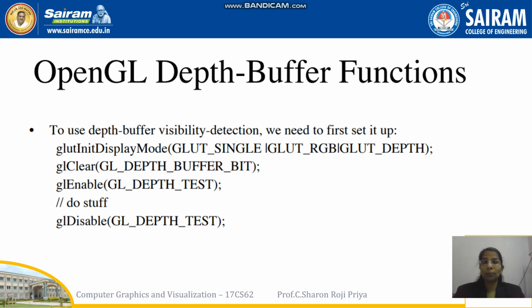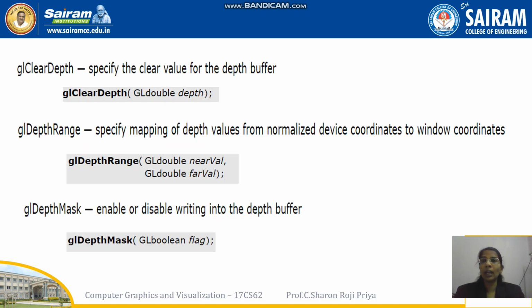Then you have to enable your depth buffer algorithm using the glEnable function, right? And the next function is glClearDepth. This function specifies the clear value for the depth buffer. As I told, if you are using a depth buffer, you will be requesting it inside glutInitDisplayMode, right?